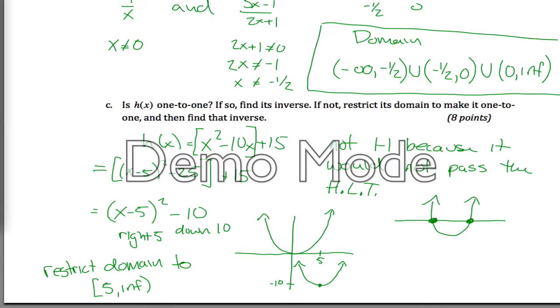Because what that will do is it'll get rid of everything to the left of this point and just give me sort of this graph in red, which is 1-to-1. Okay, so once I've restricted its domain to that, then I can find the inverse function.